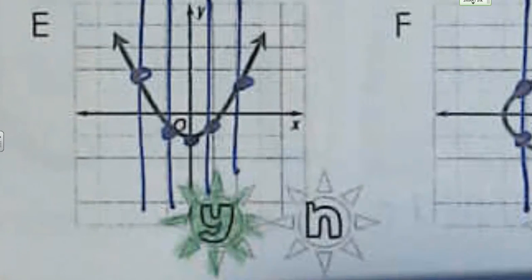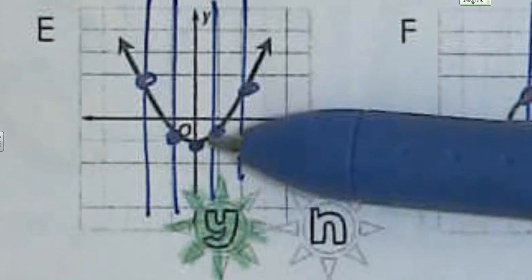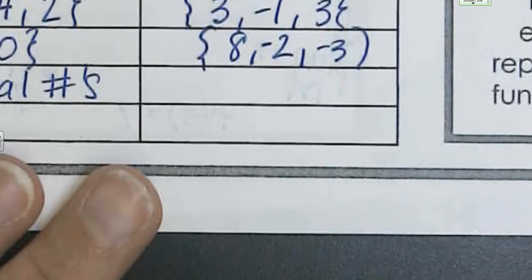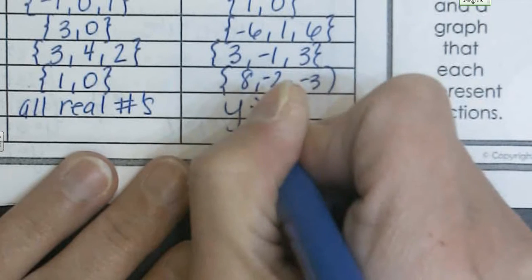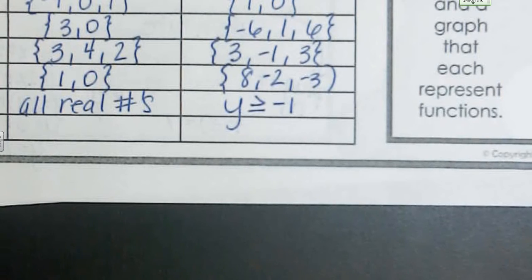My y values have to be greater than or equal to this value right here, which is actually -1. So when I write down my range for this one, I say that my y values have to be greater than or equal to -1, because it's all those values going up. We've got all the real numbers for x, but all of my y values have to be bigger. So that's how we write that. It's greater than or equal to -1.